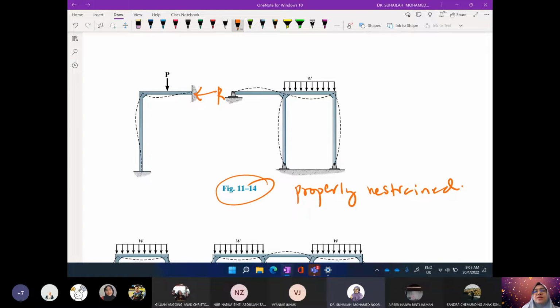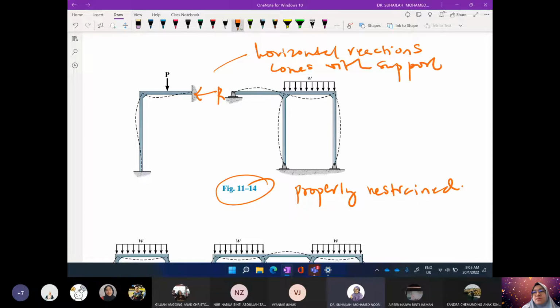Any support doesn't matter, as long as we only look at the horizontal reaction. It comes with the support. Okay, it can be fixed, it can be pinned.